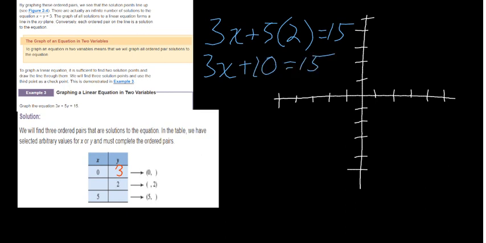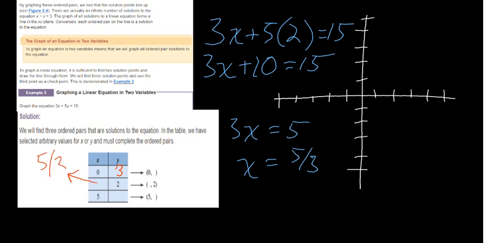We're going to subtract 10 from both sides, so we end up with 3x is equal to 5, right? And then we divide both sides by 3, so we have x is equal to 5/3. So luckily we have a nice, pretty fraction. I'm not going to be able to fit a fraction in there, so we're just going to put a little arrow here saying 5/3. And again, all I'm doing is simply plugging in the values that I see there.